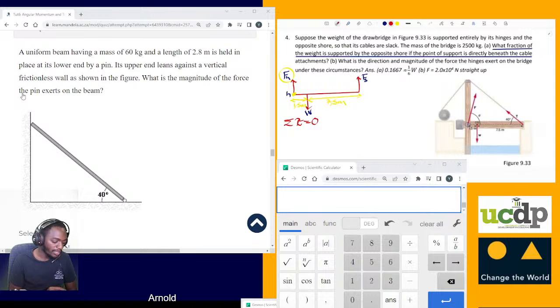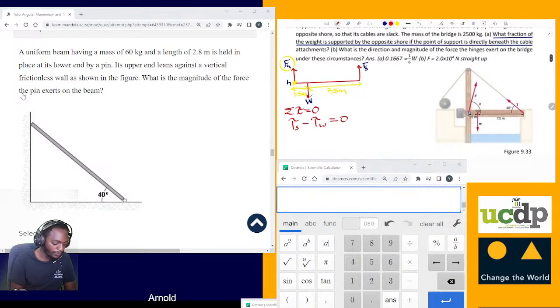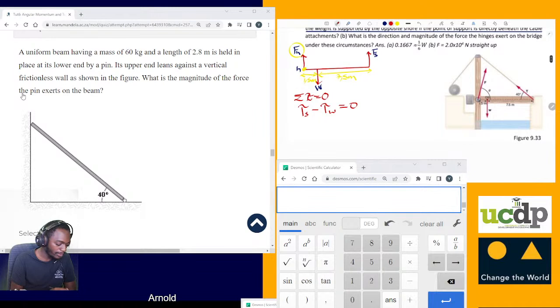So the torque due to the weight is going to be clockwise, therefore negative, whilst the torque due to the force on the shore is going to be anti-clockwise, therefore positive. So the torque due to the shore, minus the torque due to the weight, should add up to 0.